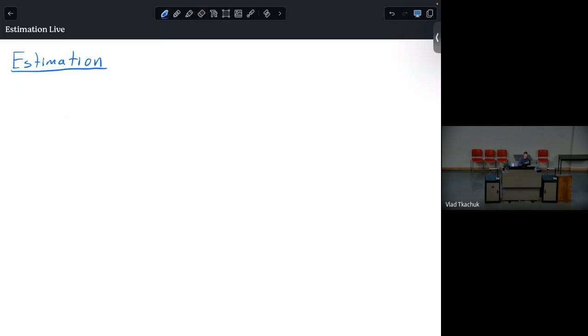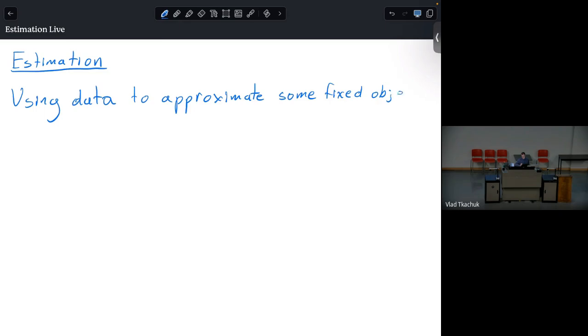It's going to be roughly saying you're going to be using data to approximate some fixed object. You can already see how this relates to our thing. The fixed object is going to be this expected loss. That's just some number. We're going to want to approximate that.